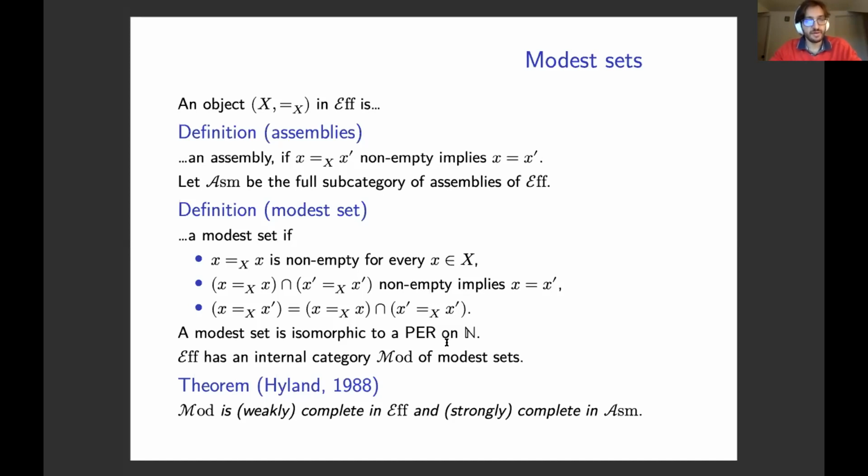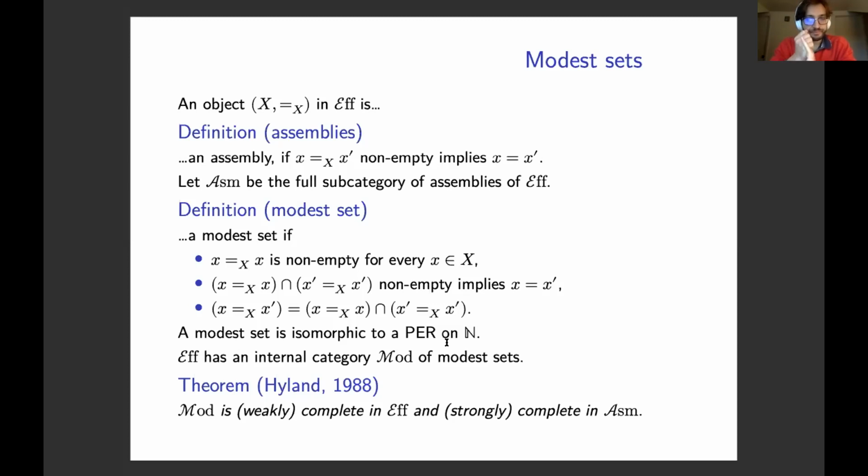So inside the effective topos, you can just import a set, you can embed a set which will behave as a standard set-theoretic set. Allow me the pun. But model sets have a behavior which is entirely given by their non-standard predicate.